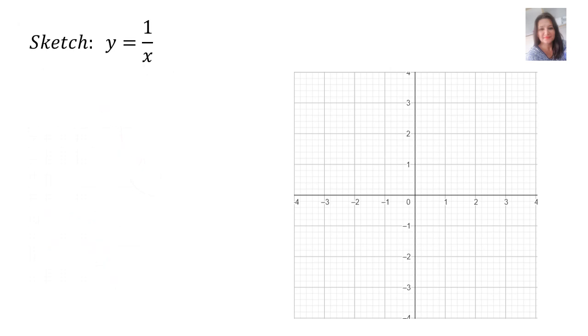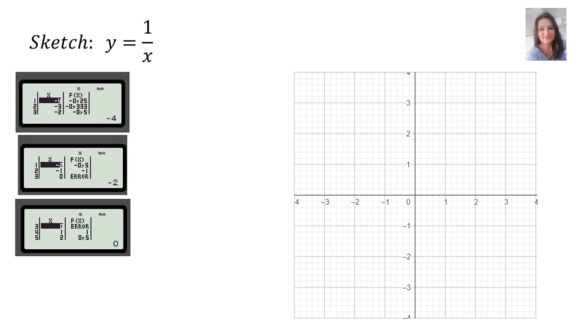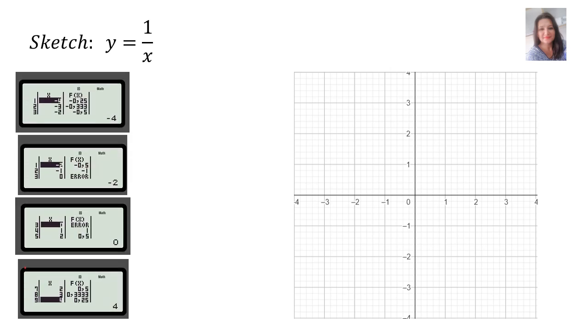Now we will sketch the basic hyperbola y is equal to 1 over x. In the parabola course, lesson 6, I explained how to use your calculator to make a table. So I suggest you make a table with your calculator for y is 1 over x. I did it for you and there's the result. The first coordinate is the point -4 and -0,25.